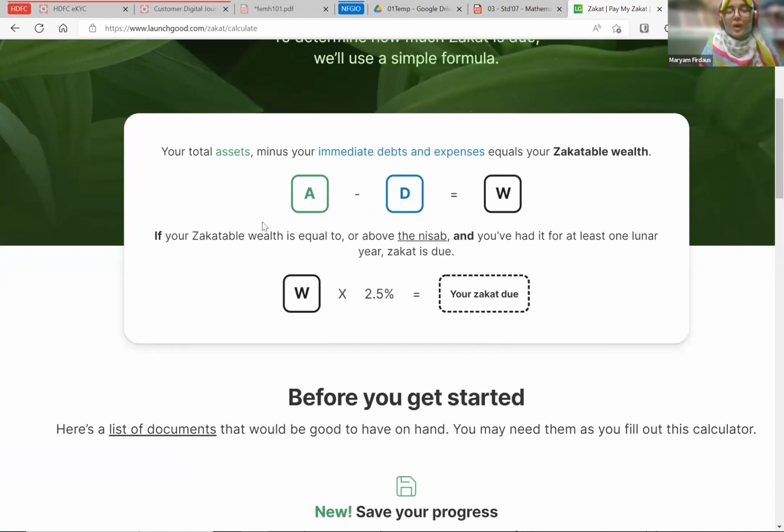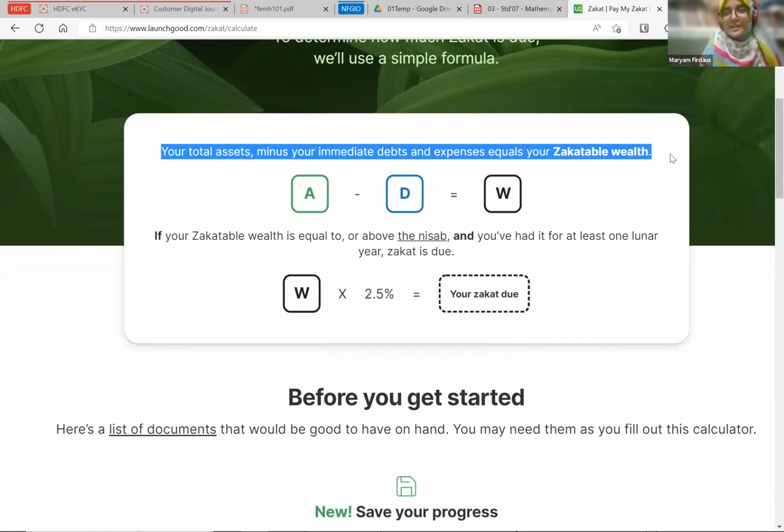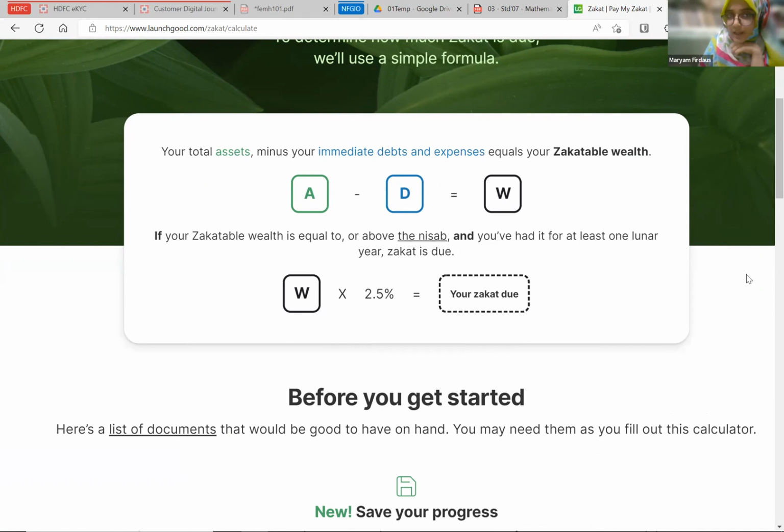Take a look at this statement and see how they have written it in mathematical language.